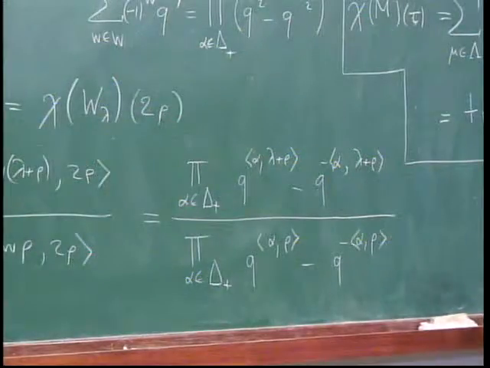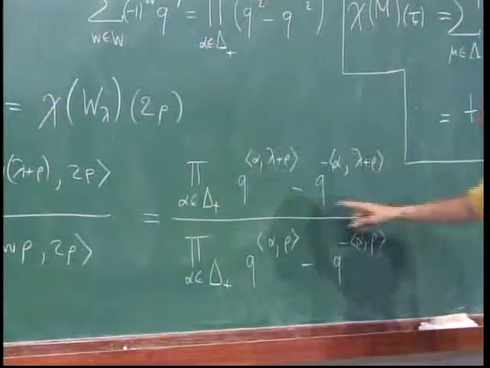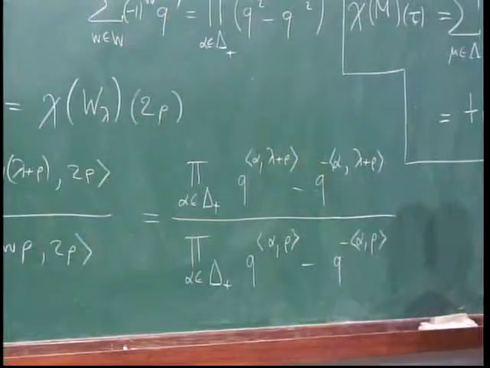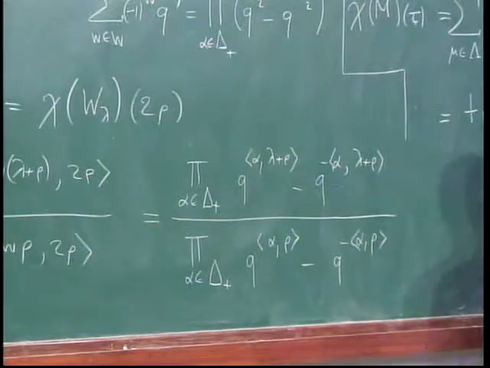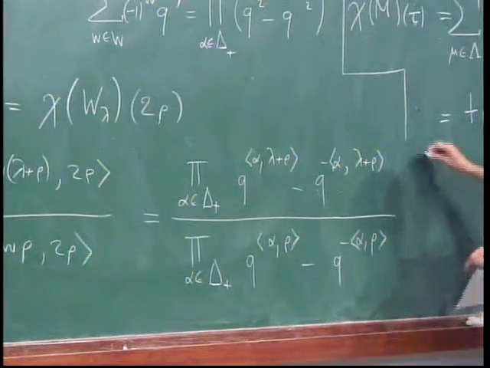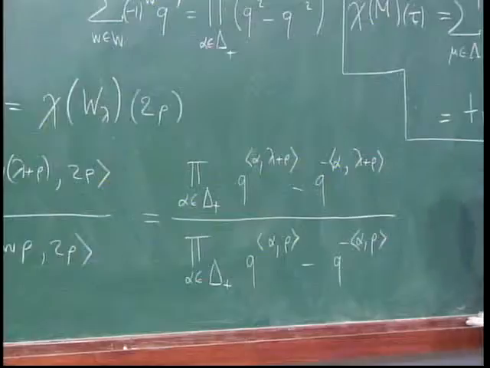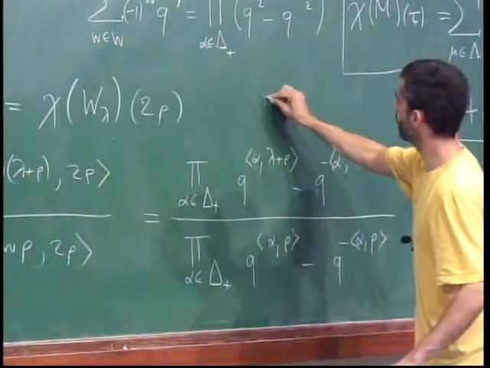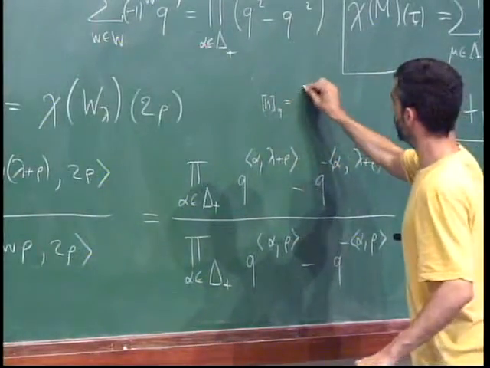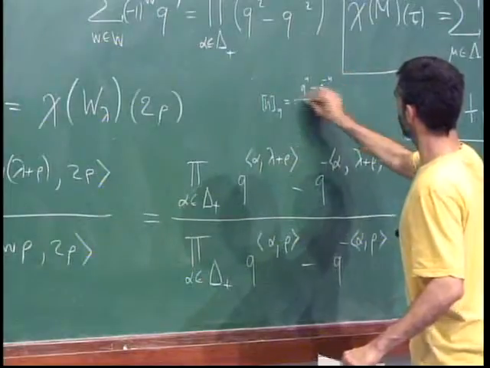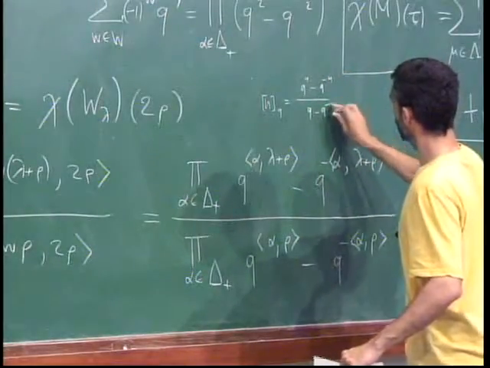And if I take each one of these pieces and divide it by the quantity q minus q inverse, I can rewrite it in terms of quantum numbers. So recall that quantum n is q to the n minus q to the minus n divided by q minus q inverse.